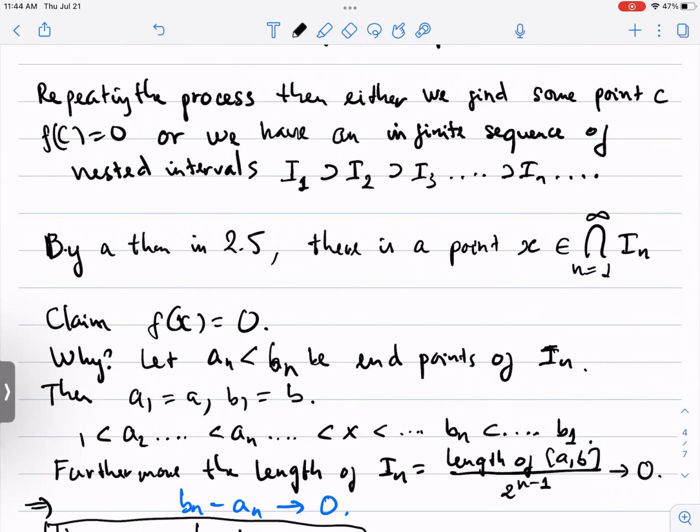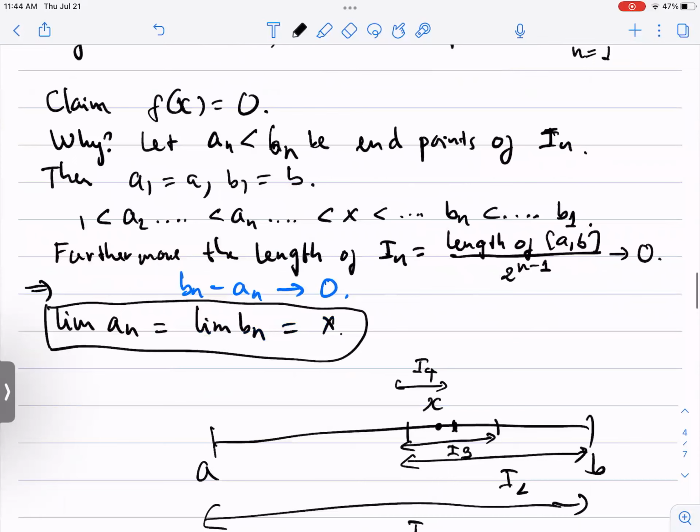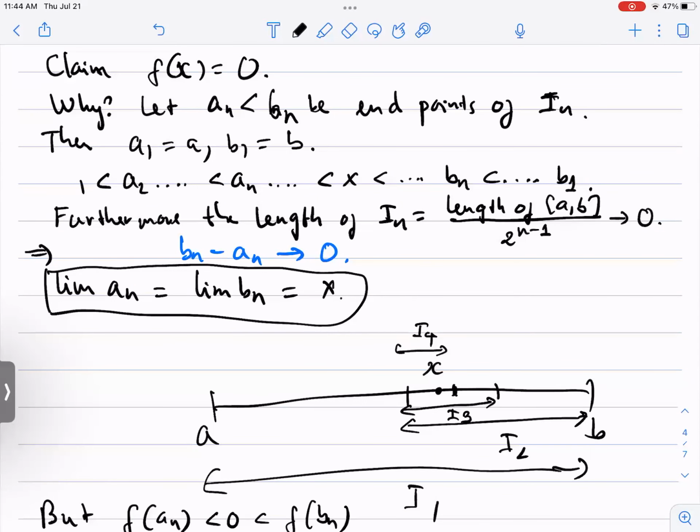Now, by a theorem in section 2.1, this infinite sequence of nested intervals has a common point x, which belongs to the intersection of all these intervals. The claim is that f of x equals 0, and we can prove this claim in a rigorous way.